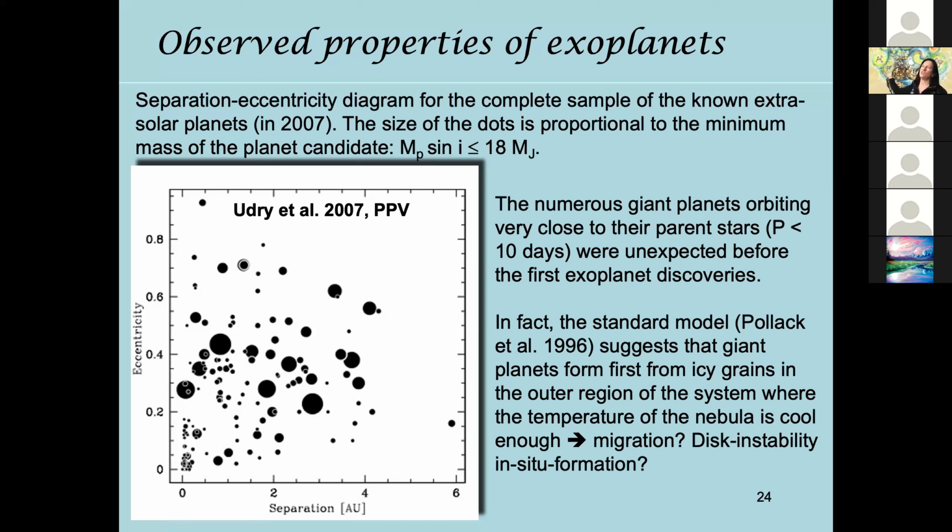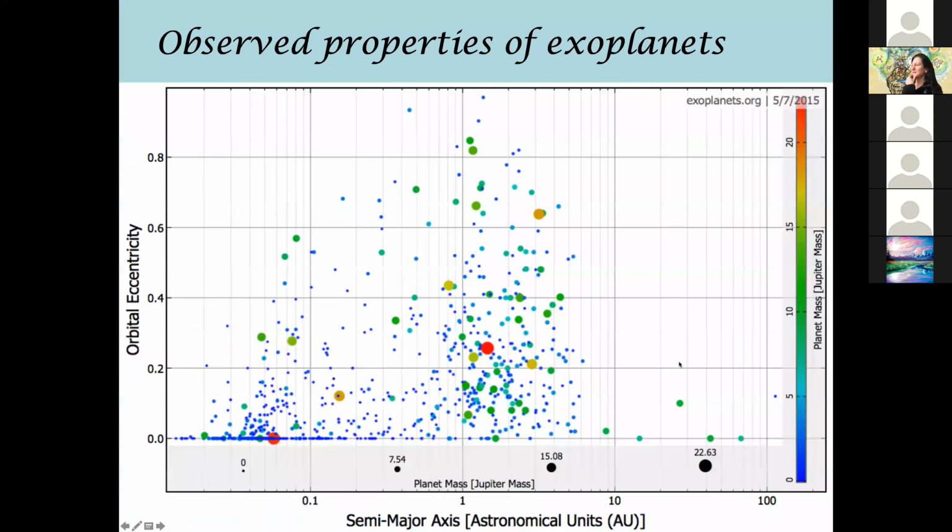That is when, you know, question mark here, migration could be a case. So you have a giant planet forming beyond the snow line and then migrating inward, or disk instability. This is the gravitational instability scenario, which started to build up because it could give an answer to this. So this is just a newer version of the picture that I showed you before.